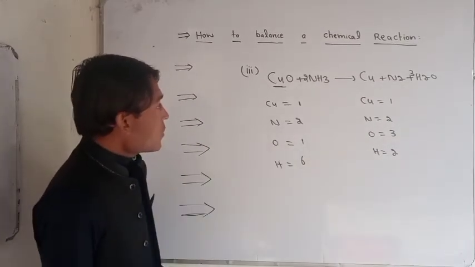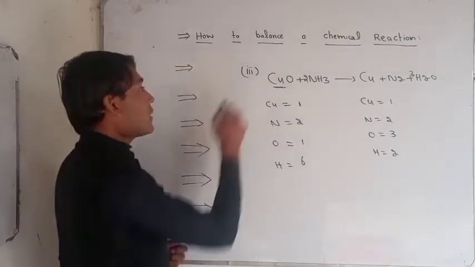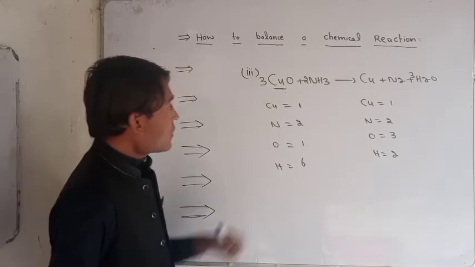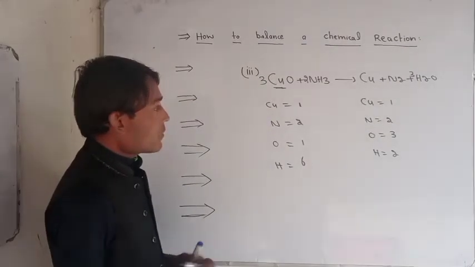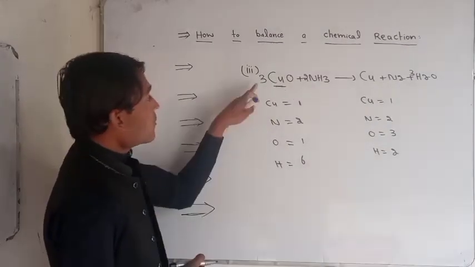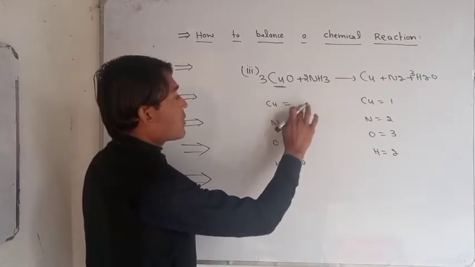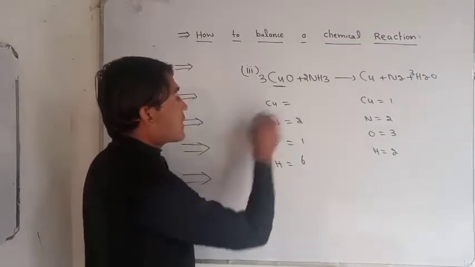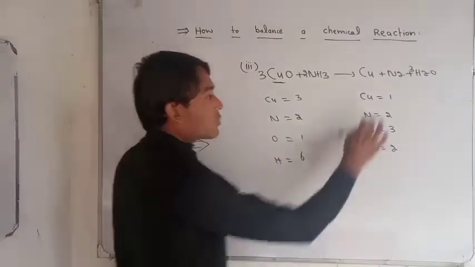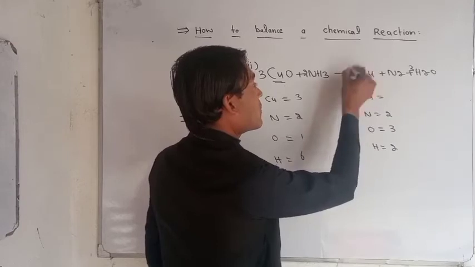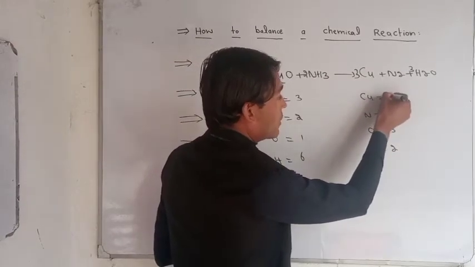To balance again, we need to add 3 here. Now again a problem is created: the number of copper changed to 3, so again we have to write 3 here. So the number of copper will be 3.